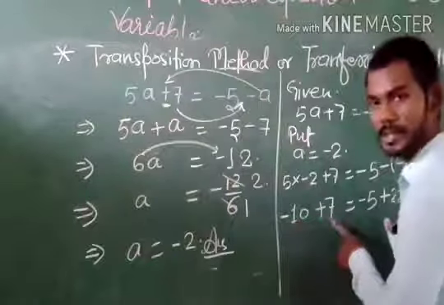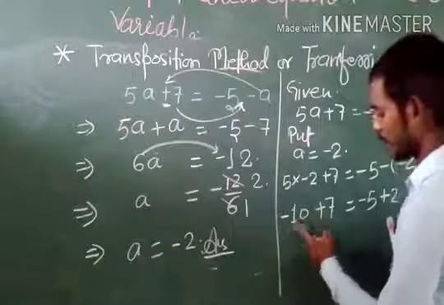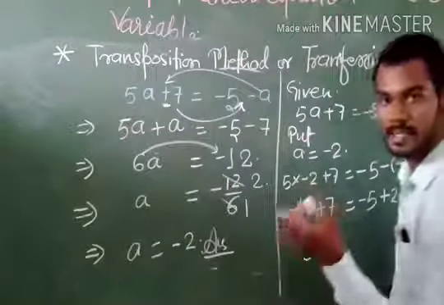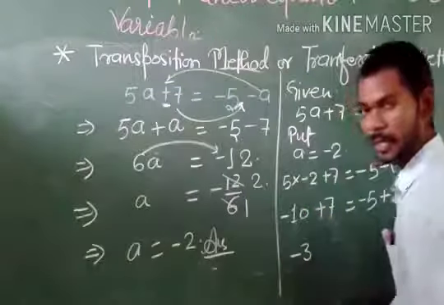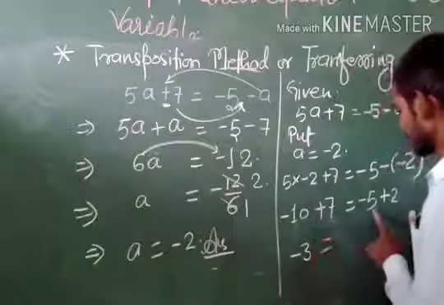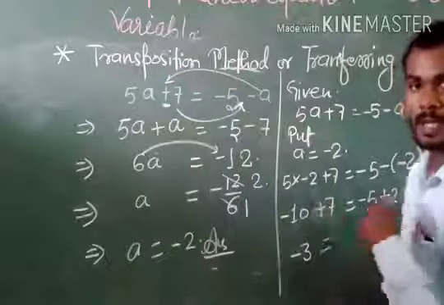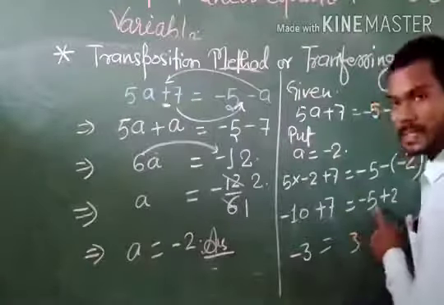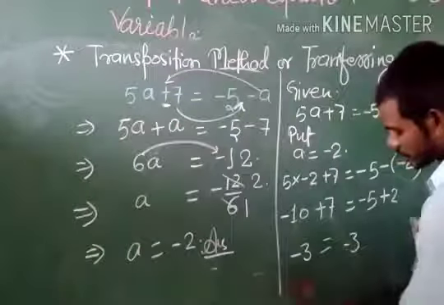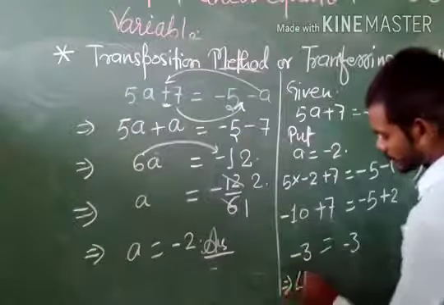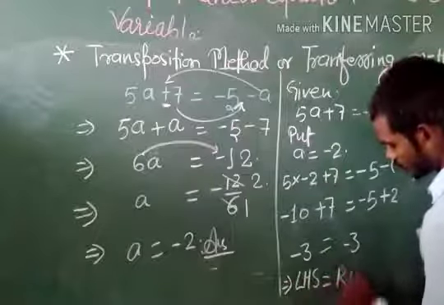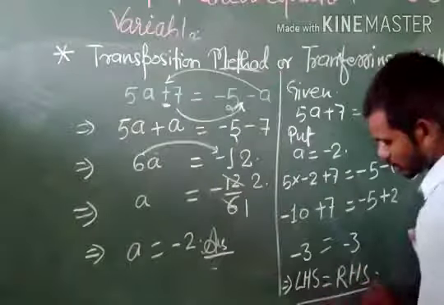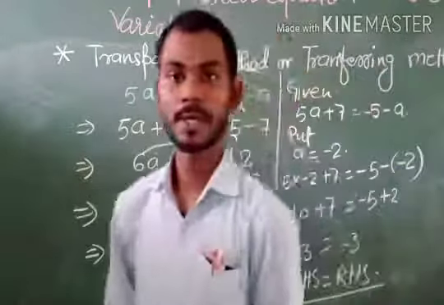Minus 10 plus 7, it becomes subtracted and we have 3, and the sign of the greater, that is minus 3, and this is equal to minus 5 plus 2. It will also be subtracted. 5 minus 2 is equal to 3, sign of the greater, that is minus 3. This implies the left hand side is equal to the right hand side. That is, our solution is correct.